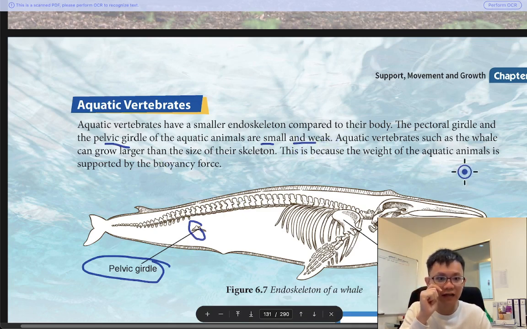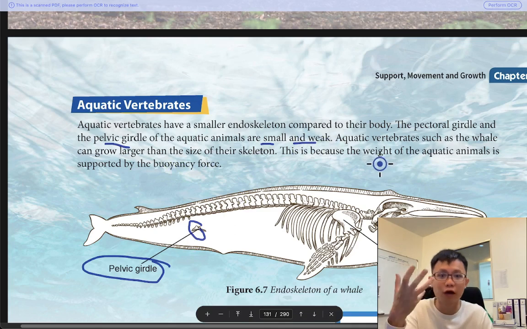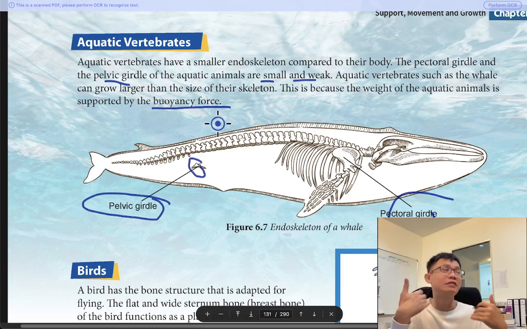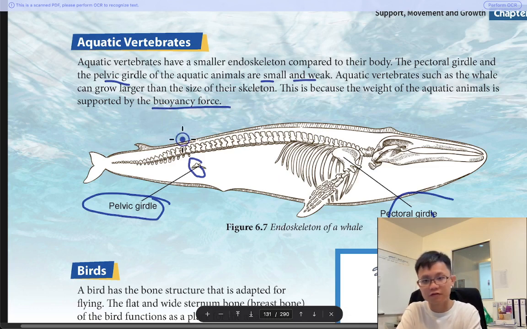This one you need to know. Let's say the question asks why the aquatic animal's bone is smaller. Your answer will be because there is buoyancy force.